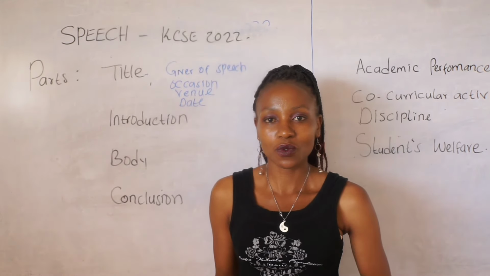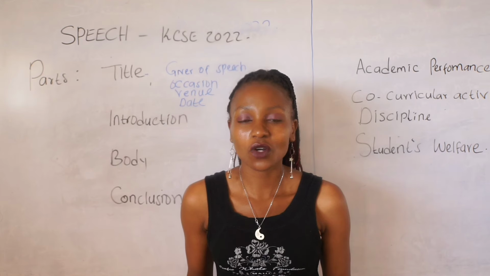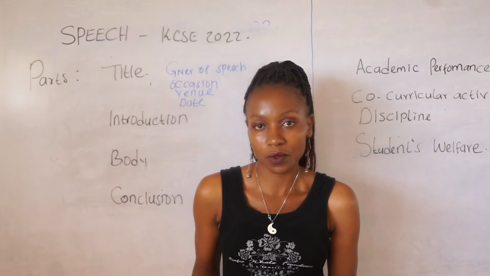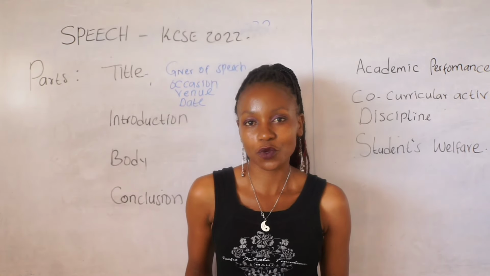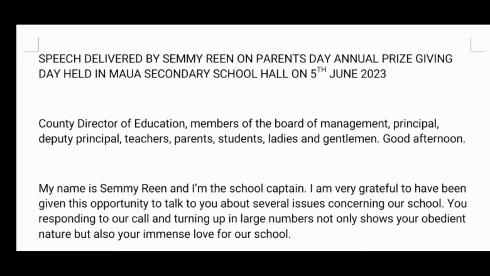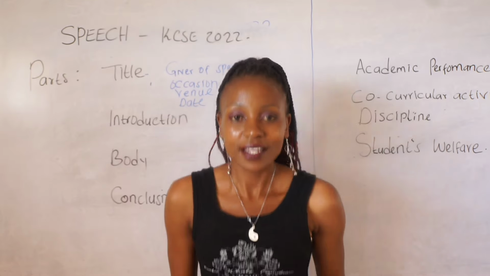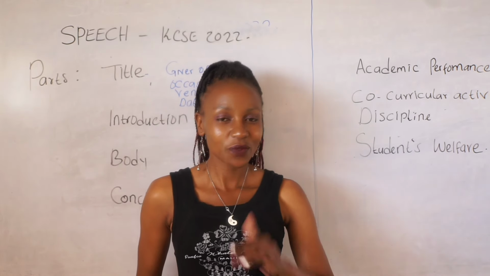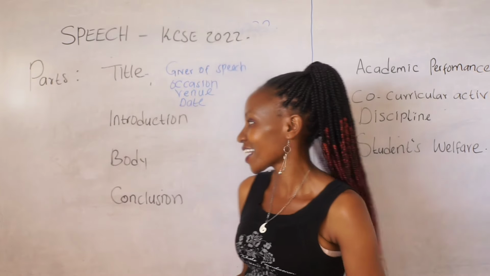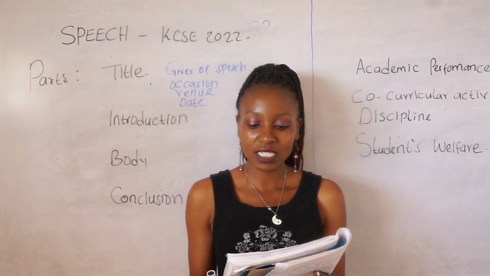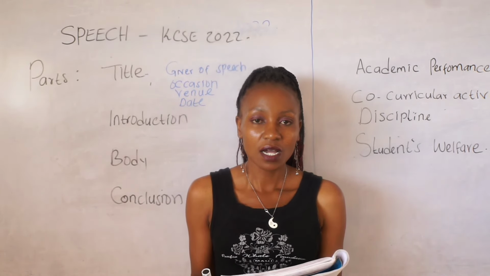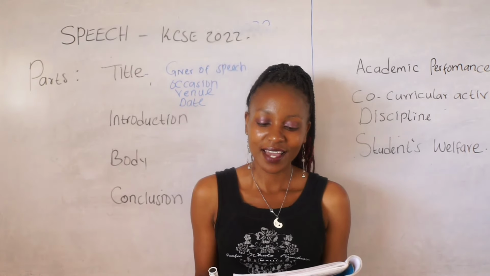So acknowledge those who are present. You're going to introduce yourself. Who are you? And what is your topic? Now that we are done with the introduction, we are going back to the question and get our body. And this is it. Write down the speech.